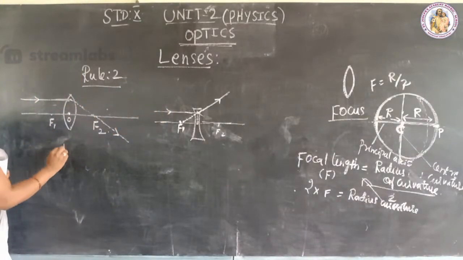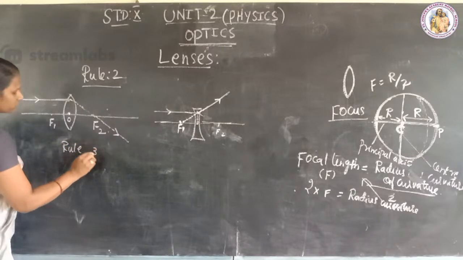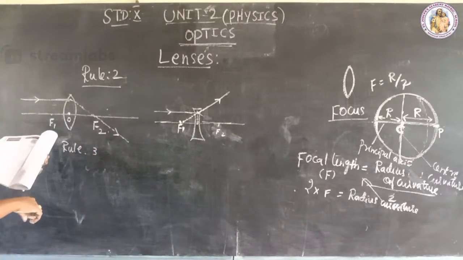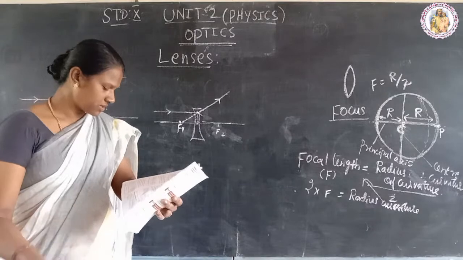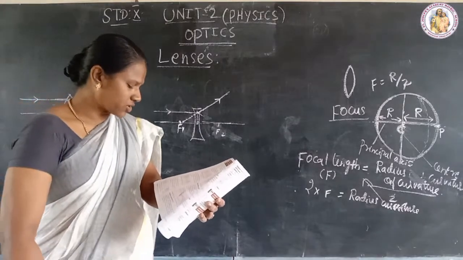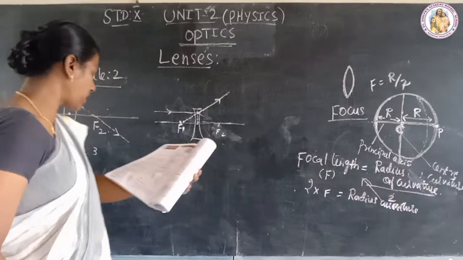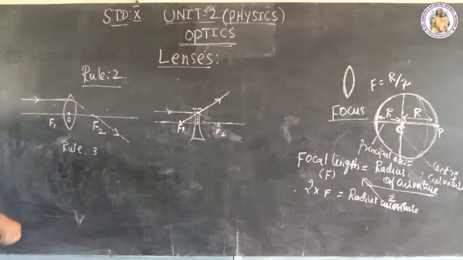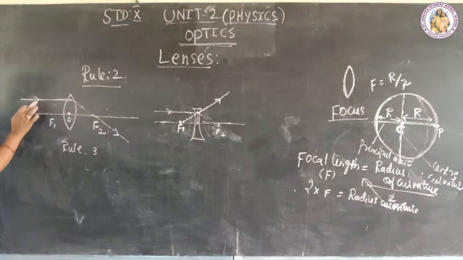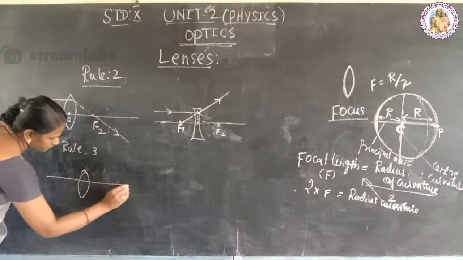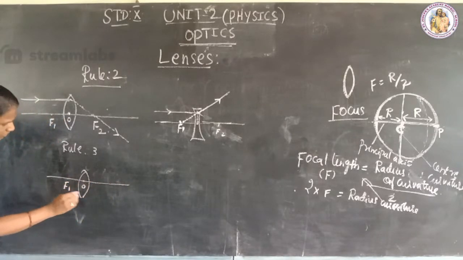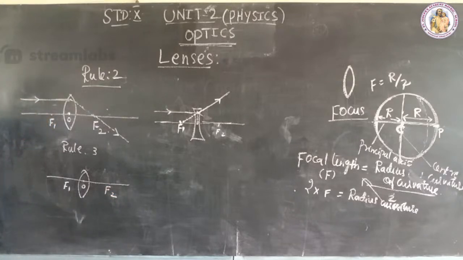And what about rule 3? This time, when a ray passing through or directed towards the principal focus strikes the convex or concave lens, the refracted ray will be parallel to the principal axis. So this time, if the ray passes through the focus, F1 and F2, what happens?